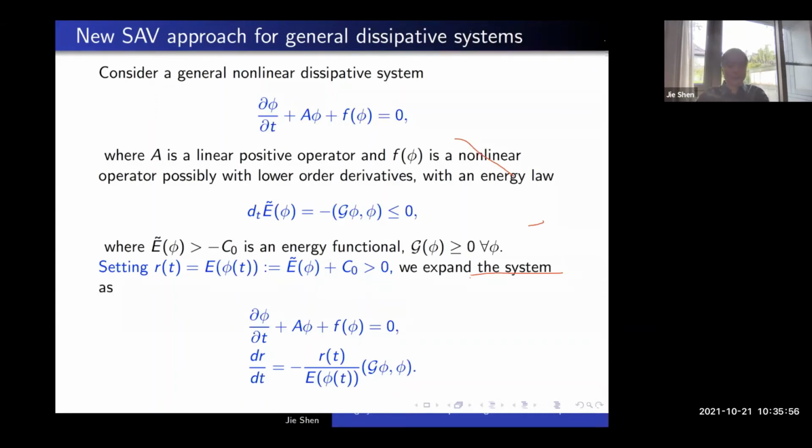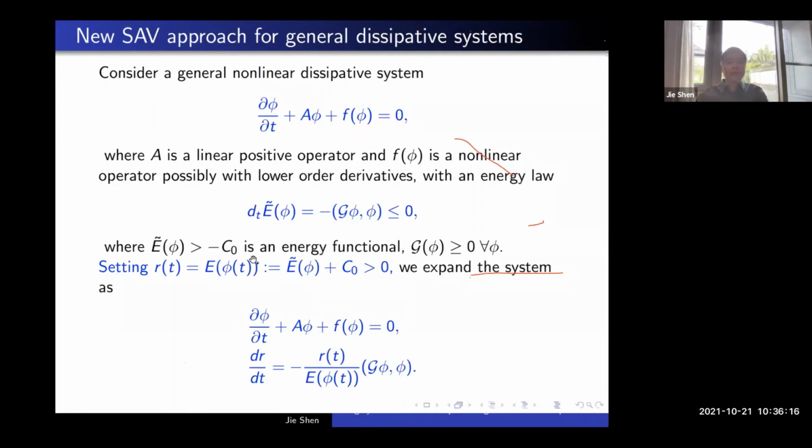It is not a gradient. It only dissipates some energy, where G is a positive operator here. And of course, we can assume this energy is bounded from below.